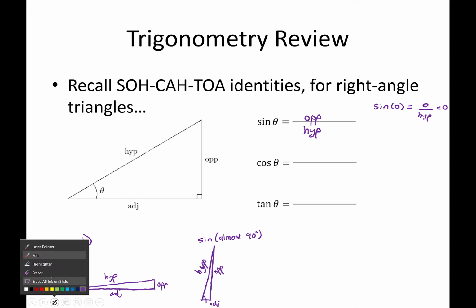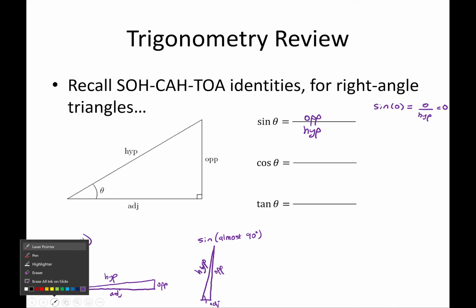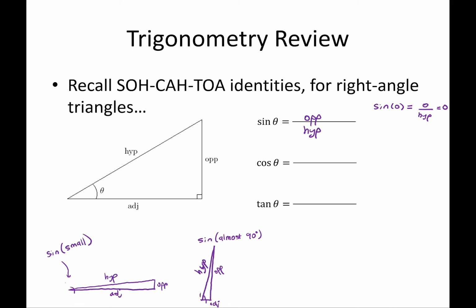Imagine taking this side here and continuing to swing it to the left, pulling it left so it ends up pointing straight up here, like that. Well, the adjacent side is going to shrink down to 0. And the hypotenuse and the opposite are going to scrunch right on top of each other.